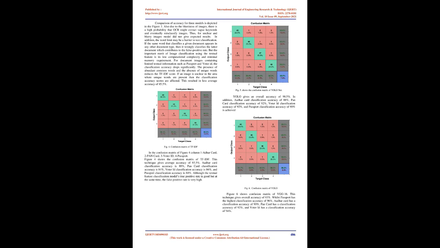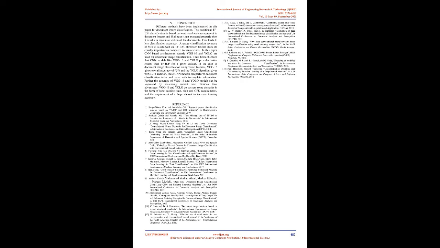For document image classification, the textual classification method, TF-IDF, and visual classification models, VGG16 and YOLO, are implemented and compared to find out the most suitable one. The classification performance is evaluated using two measures, accuracy and confusion matrix. Comparison of accuracy for the three models is depicted in Figure 3.